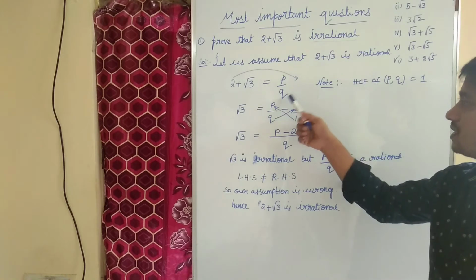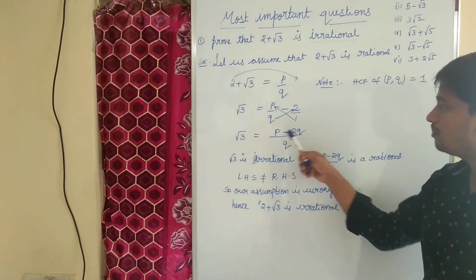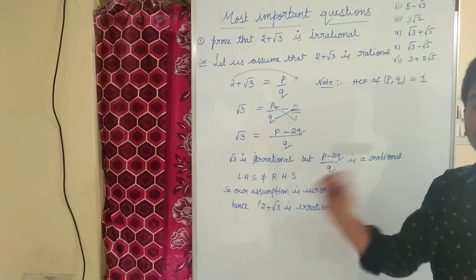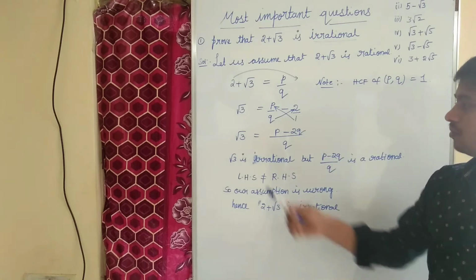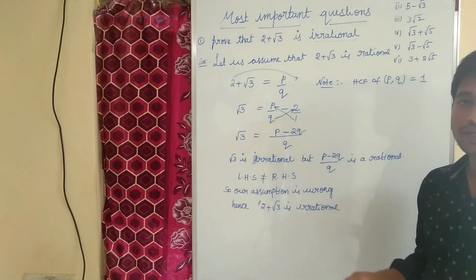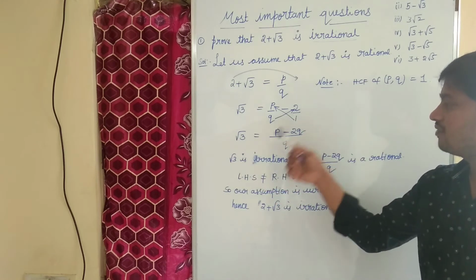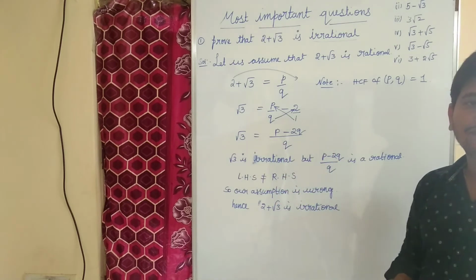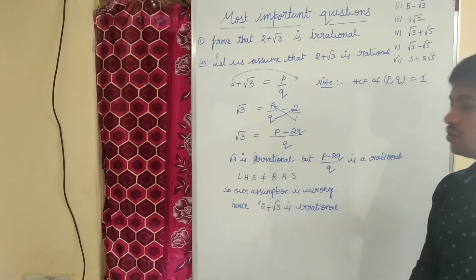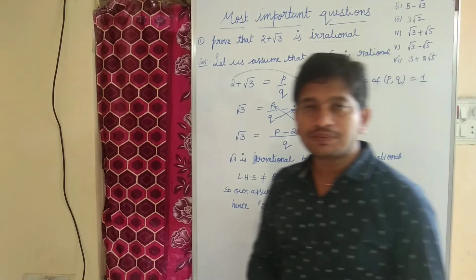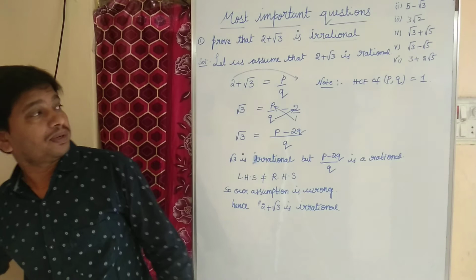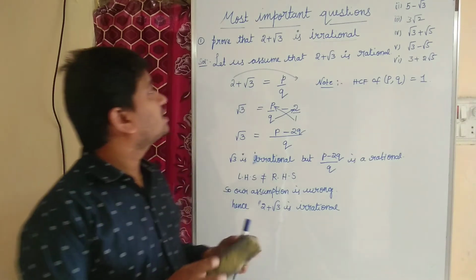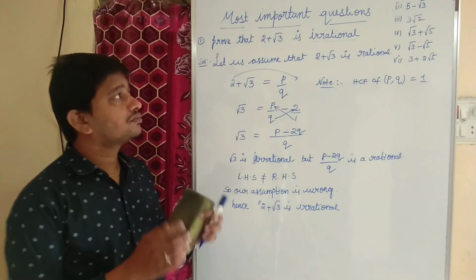If p by q is rational, then p minus 2q by q is also rational. We know that root 3 is irrational, and an irrational number is never equal to a rational number. I mean LHS is not equal to RHS. So our assumption is wrong. Hence 2 plus root 3 is an irrational number.